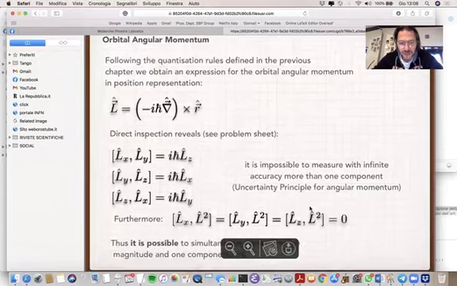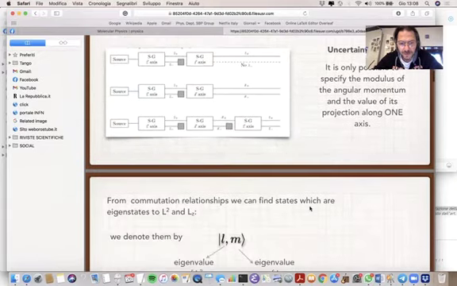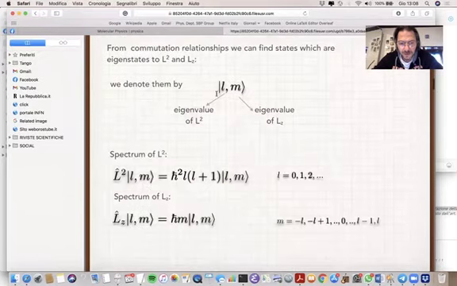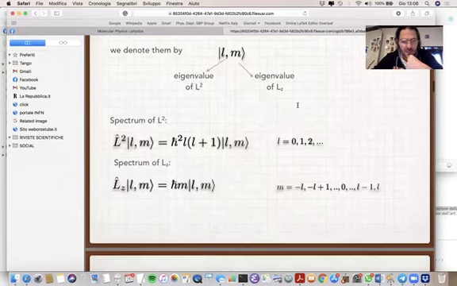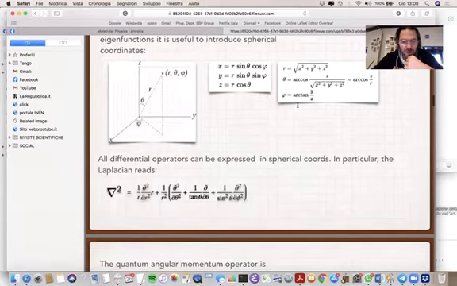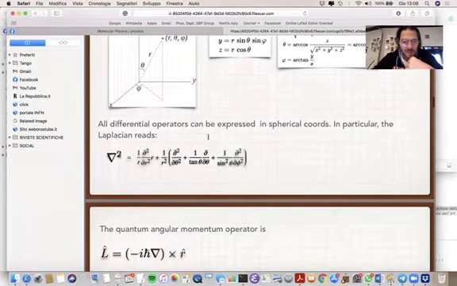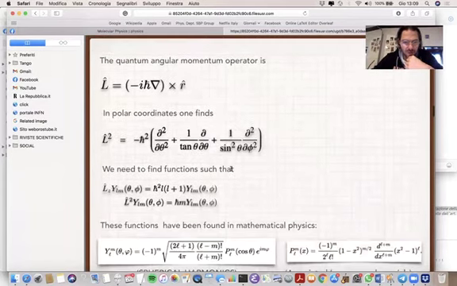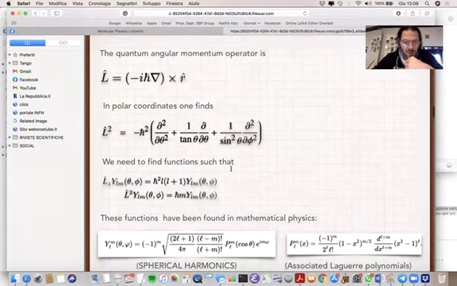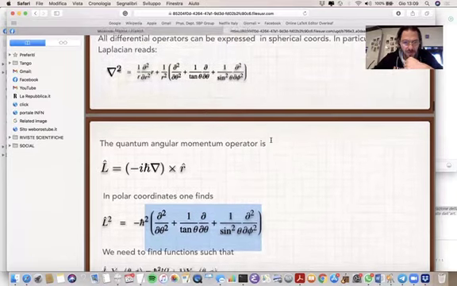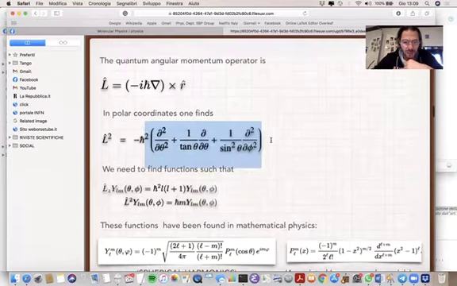This is the eigenvalue of L squared, this is the eigenvalue of Lz. These are the polar coordinates. This is the Laplacian in polar coordinates, and this is the expression of the L squared operator. So you can actually work out everything else.